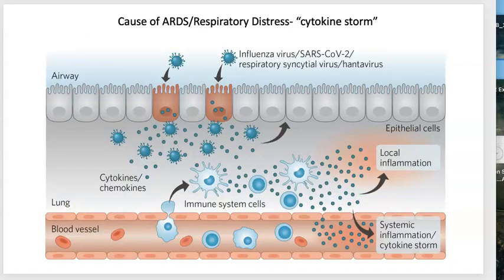However, some individuals, particularly individuals with multiple comorbidities, experience a cytokine storm. The respiratory distress and acute respiratory distress syndrome that occur as a result of an overactive immune response that's ineffective, essentially. So here's the virus, and it's not just SARS-CoV-2, it's influenza and RSV and hantavirus. Lots of viruses cause a cytokine storm.